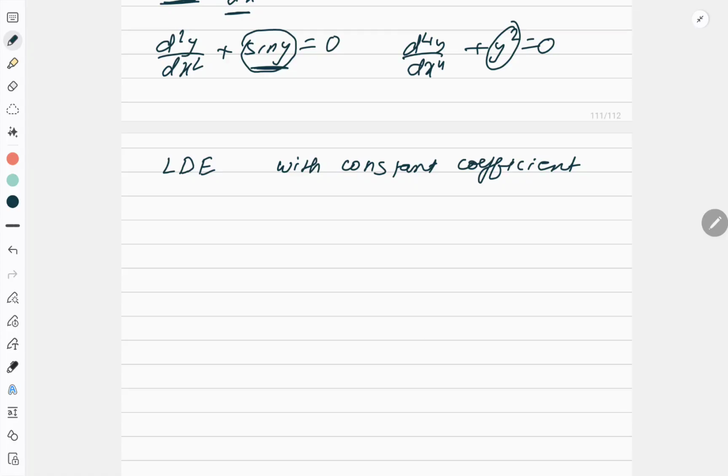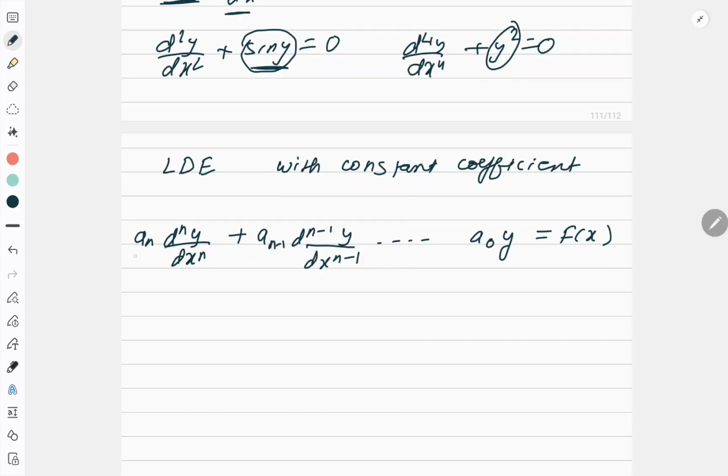Thus, a general linear equation of nth order can be written as dny upon dxn plus a(n minus 1) d(n minus 1)y upon dx(n minus 1) plus and so on, plus a0 y is equal to f(x).